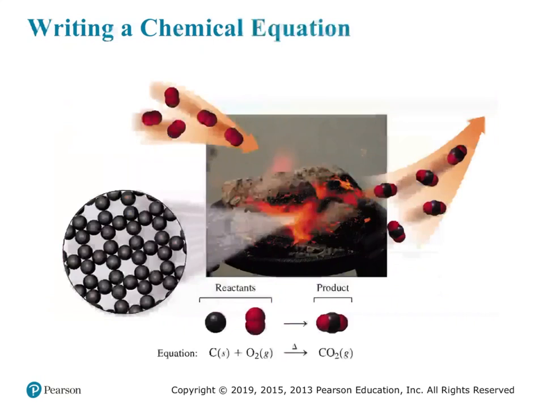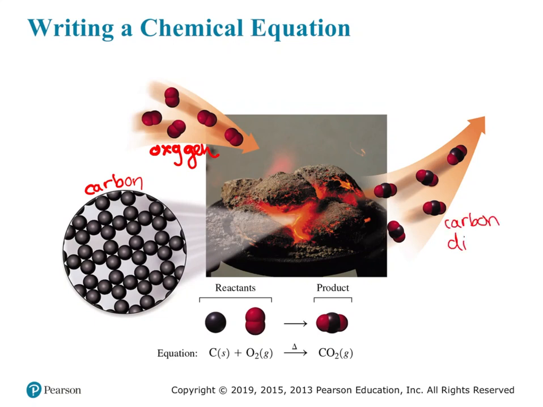Okay, so now let's actually write some chemical equations. So down below, we can see a reaction between carbon, and this is a diagram depicting carbon and oxygen. So those two are reacting to produce carbon dioxide, which is a gas. All right, so down below, if we were to write this equation, we would start with the reactants on the left.